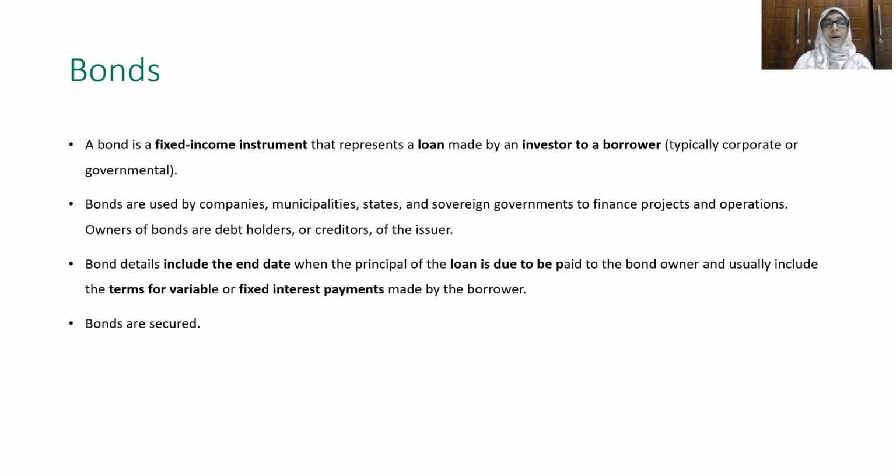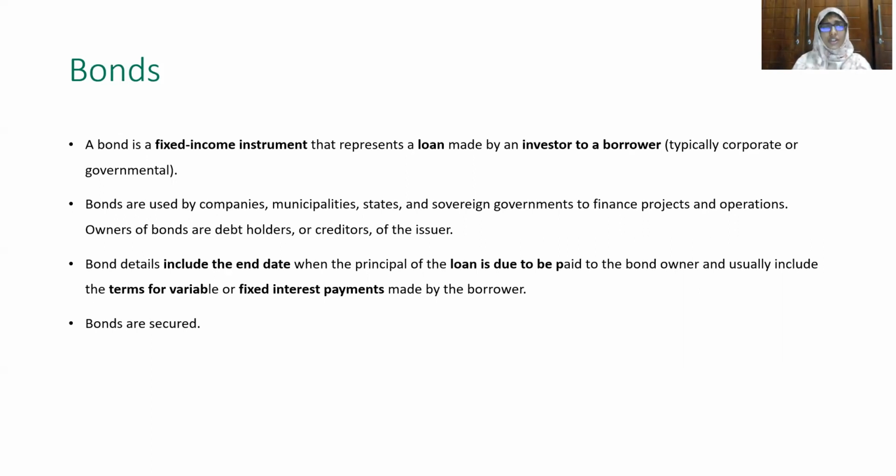Okay, now bond details include the end date when the principal of the loan is due to be paid to the bond owner, and usually include the terms for variable or fixed interest payment by the borrower. So generally, what does a bond include?